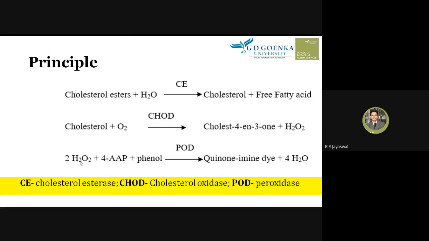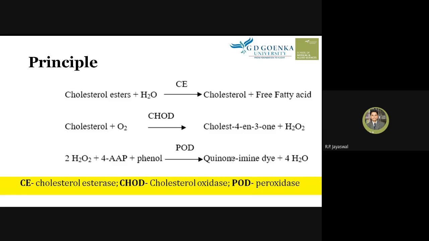Hydrogen peroxide in the presence of 4-amino antipyrine and phenol, and the enzyme POD, which is peroxidase, converts this H2O2 and 4-amino antipyrine with phenol to quinone dye, and this is a colored end product.